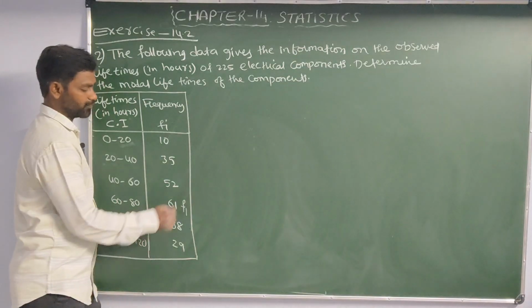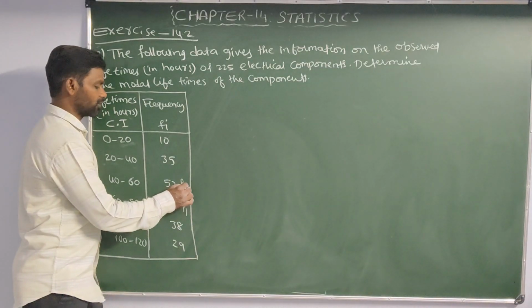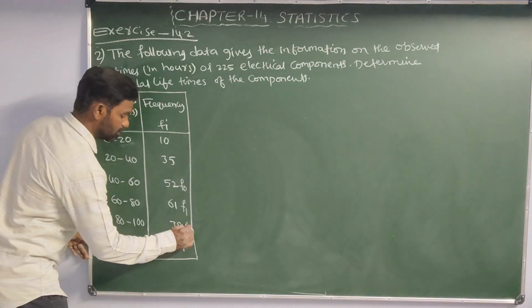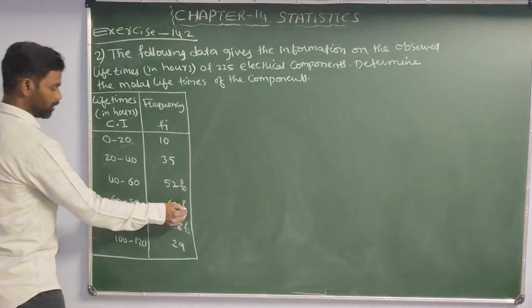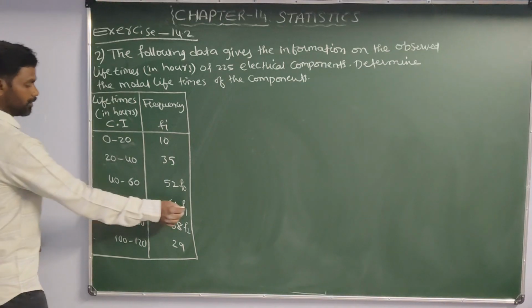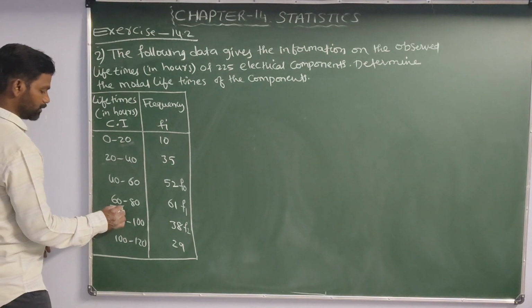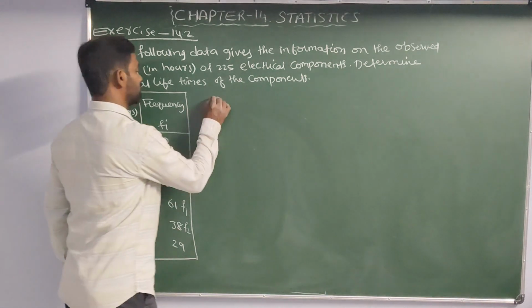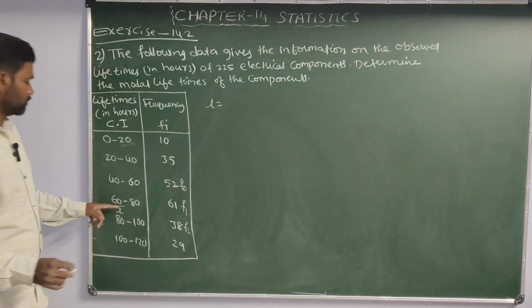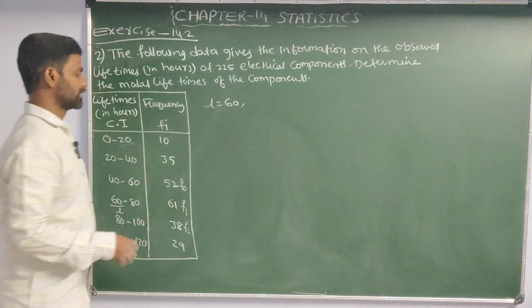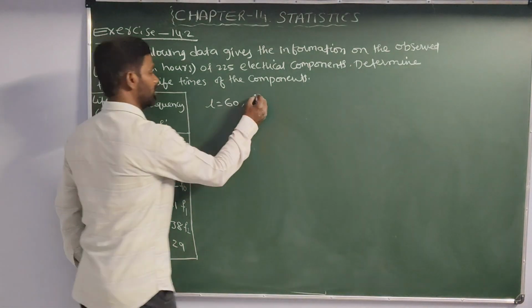Name it as F1. Above that F1, we write F0. Below this F1, F2. Now, in the class intervals, this is the highest frequency class, consider that as L. Okay. So now write here L. What is L value? Lower limit, that is 60, or lower boundary. 60. Next, frequencies.